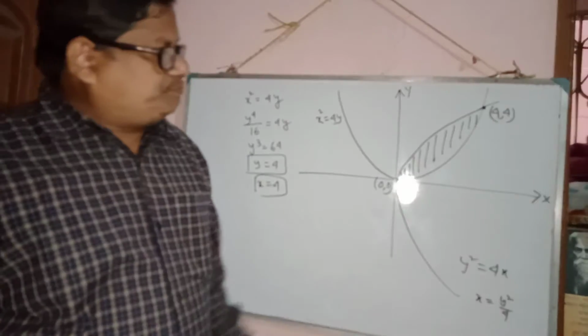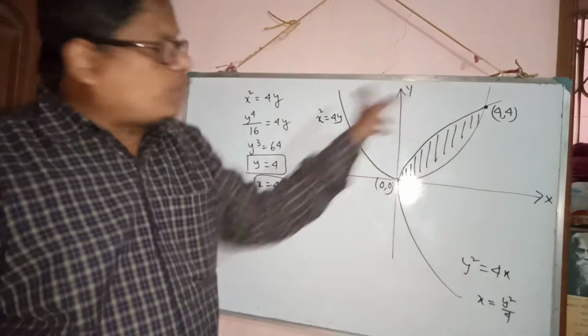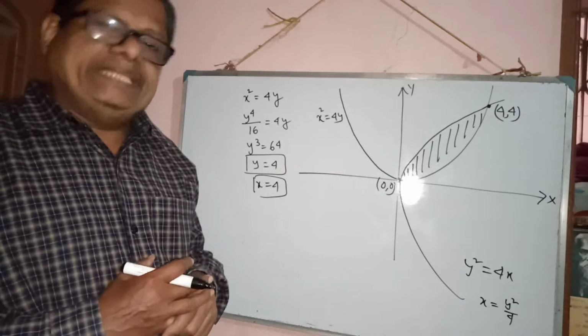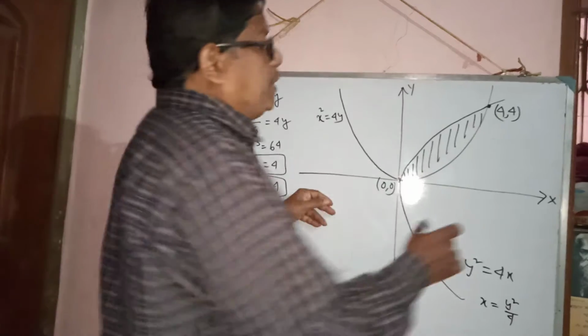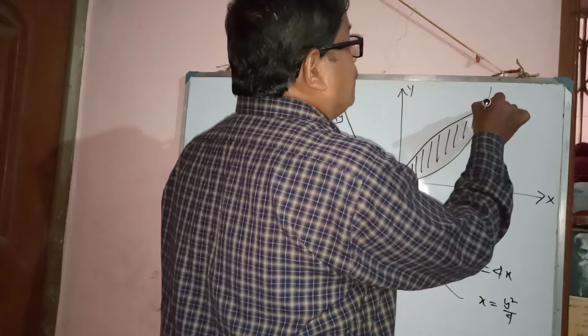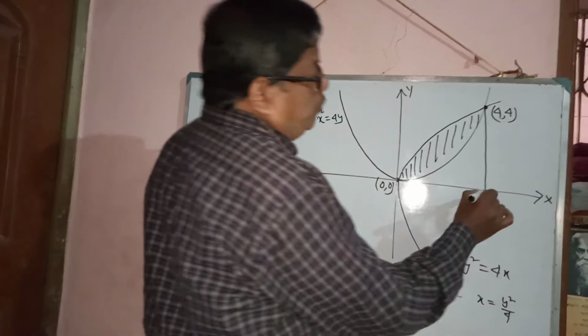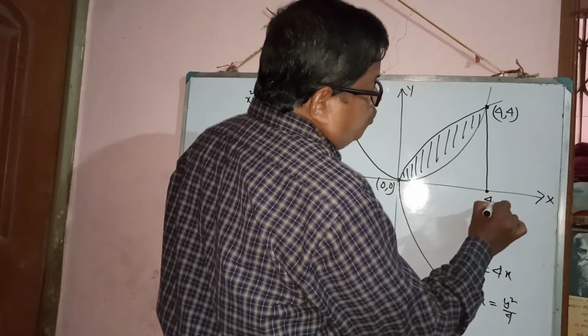Now you have to find the area. You can do it along either the x-axis or the y-axis, your choice, no problem. Suppose I am drawing a perpendicular here, and this point obviously you know is (4, 0).